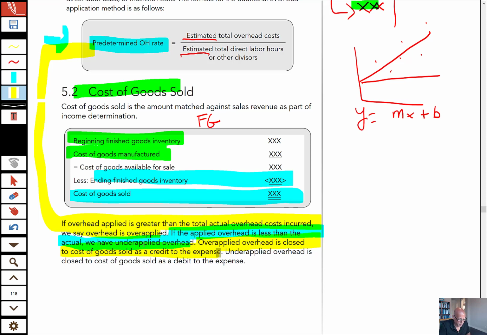Under applied overhead is also closed to cost of goods sold. We would credit the overhead account and debit the expense account for that situation. When we say the expense account, we mean cost of goods sold.